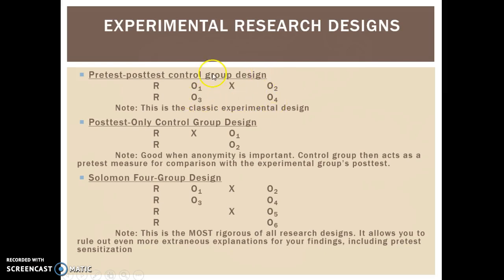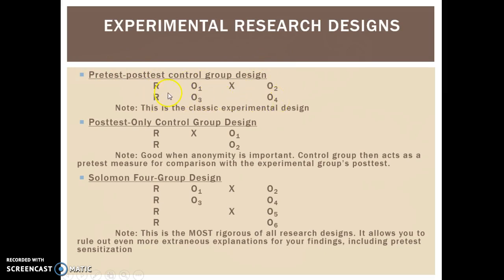What makes this one experimental rather than quasi-experimental is this R at the front. The R stands for random assignment. So what that means is that your participants were either randomly assigned to your treatment group or they were randomly assigned to your control group.